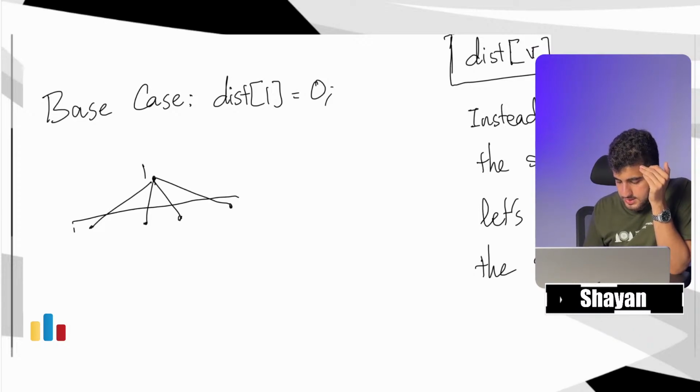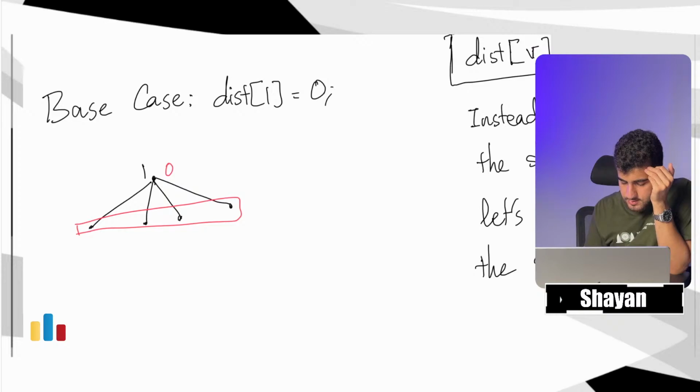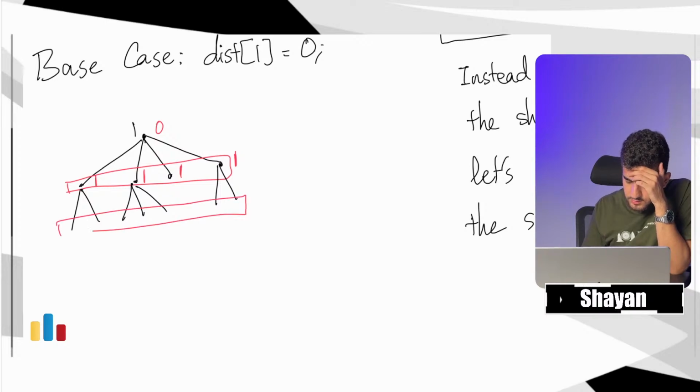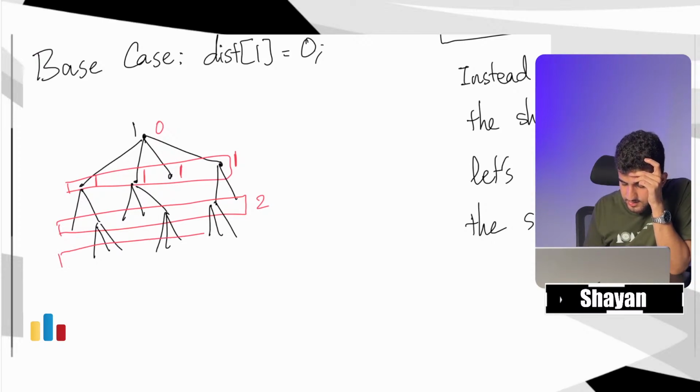I can say that vertex 1 itself has distance 0, all the neighbors of vertex 1 have distance 1, then all the neighbors of neighbors have distance 2, then all the neighbors of those have distance 3, and so on.